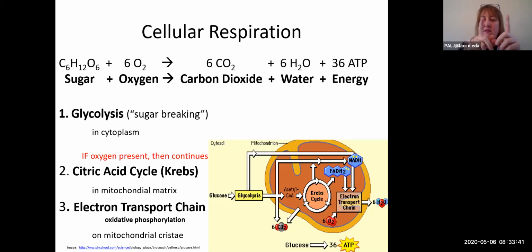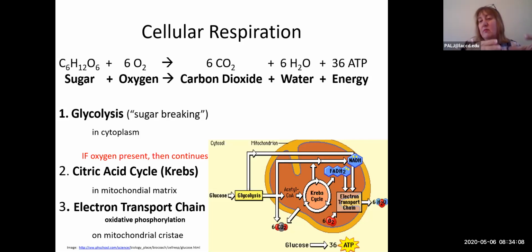So the first step is called glycolysis, which basically is glyco, sugar, lysis, to break. So we're taking a 6-carbon sugar and we're breaking it down in the cytoplasm. This does not require any oxygen. To break down this sugar consumes a couple of ATPs, but we also produce ATPs.